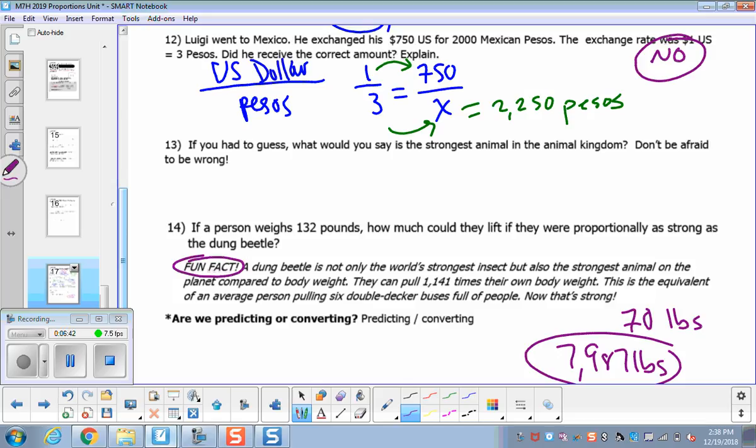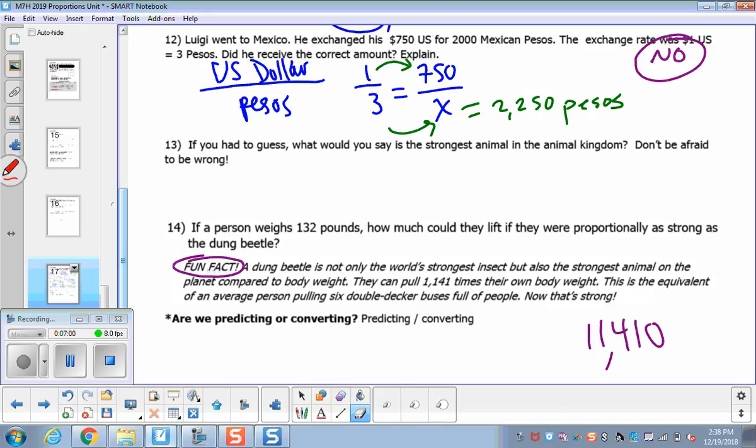Now, if you weigh 100 pounds, that means that you can carry 11,410 pounds behind you. All right? It might even be more than that. I think it's actually 114,100. So a dung beetle is actually really strong.